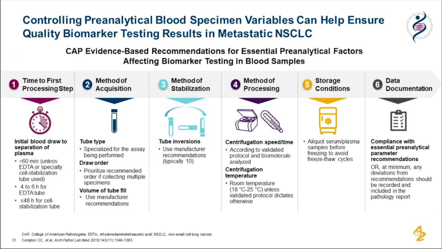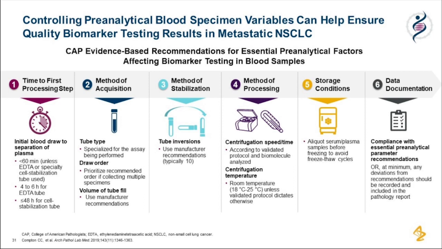So key, as I mentioned earlier, you really have to control the pre-analytical blood specimens, all of that, to ensure that you're going to get accurate results. First thing that we look at is really time to first processing step, initial blood draw, and then separation of the plasma. And the recommendation is less than 60 minutes.